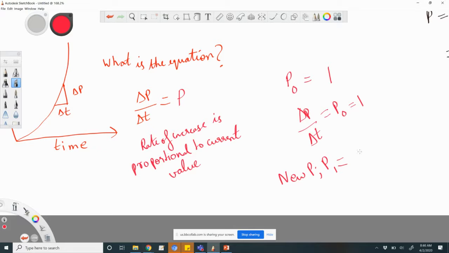P naught plus your change in p. So let me see, your delta t is 1 hour, p1 after 1 hour is just p naught, which is 1, plus delta p, which after 1 hour is also 1.